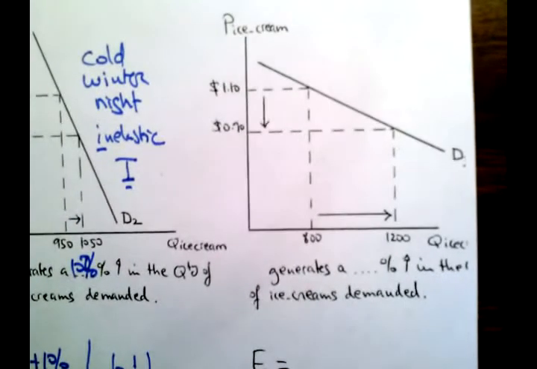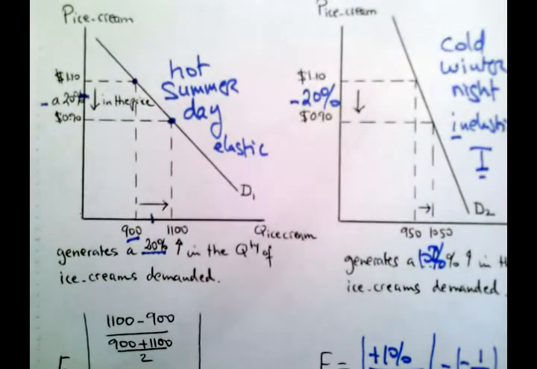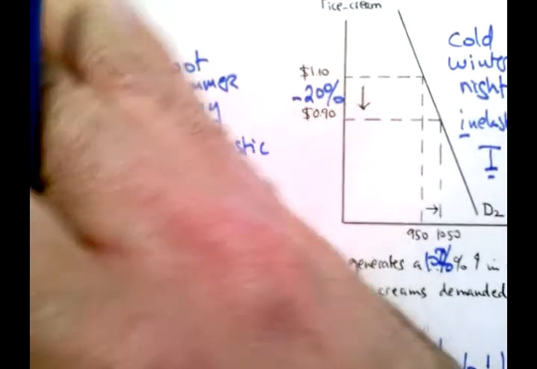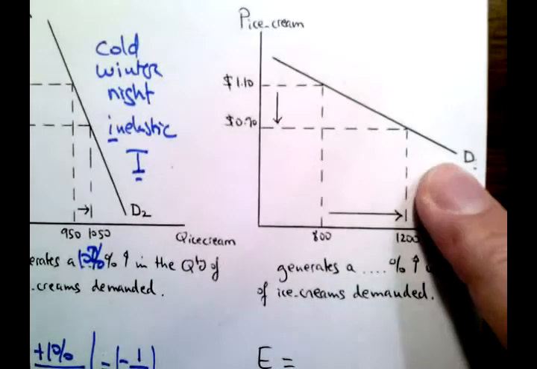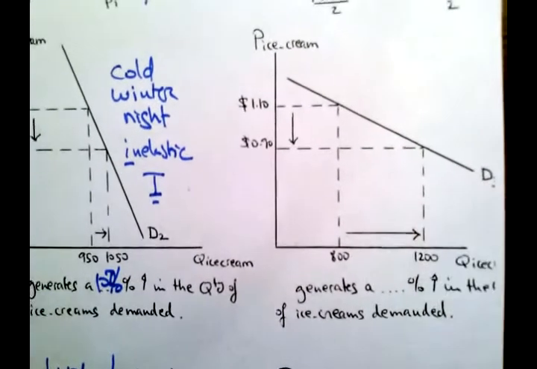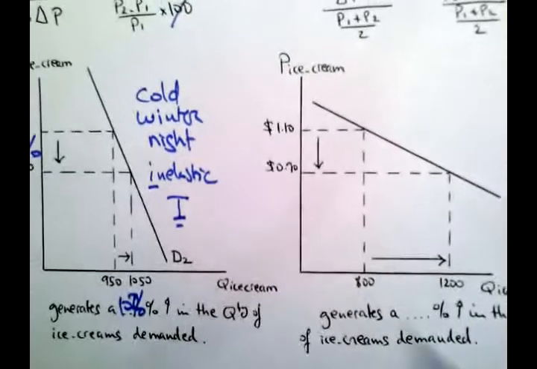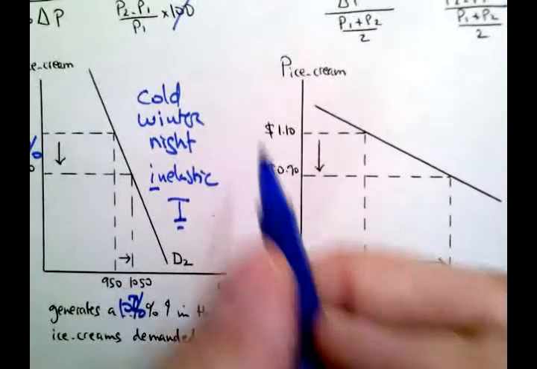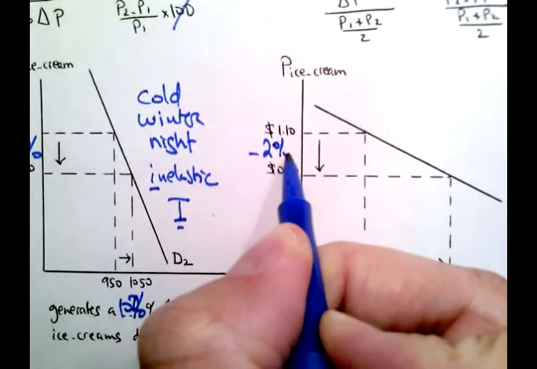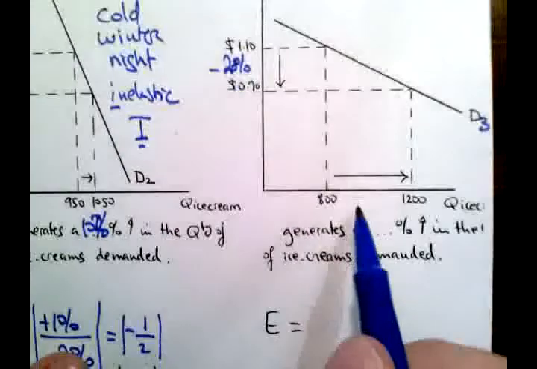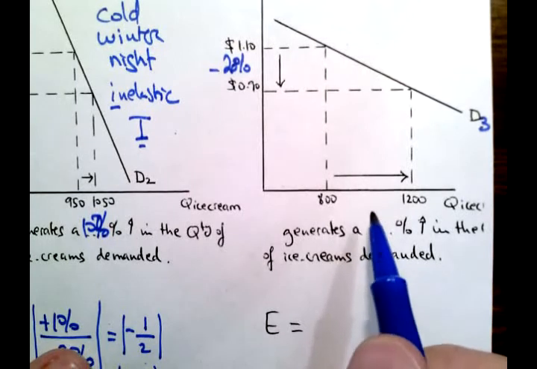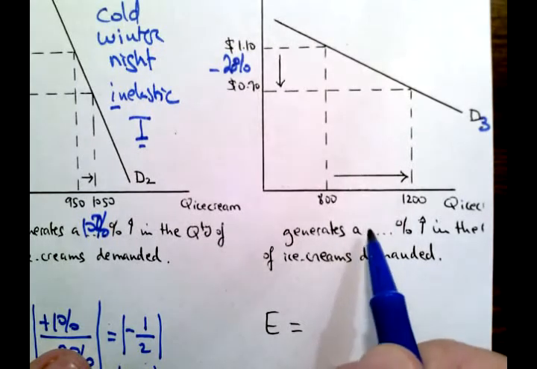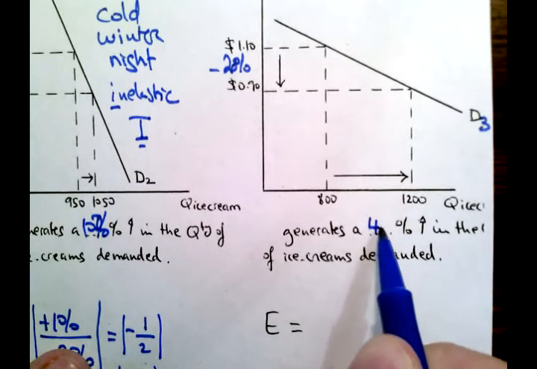Now over here, if you compare the first graph to the second one, much steeper, and the third one, now the demand curve is relatively flat, demand curve D3, we still have the same drop in price, 20%, but now if I calculate the percentage change here, it is more than 20%, it is 40%.